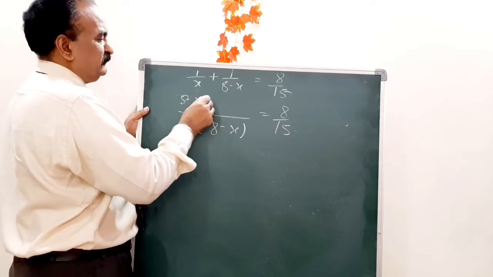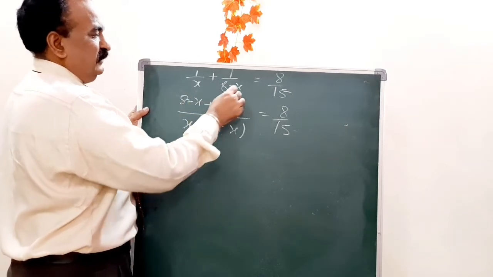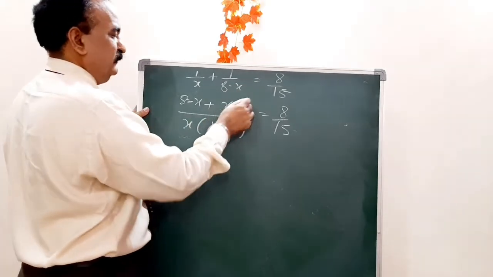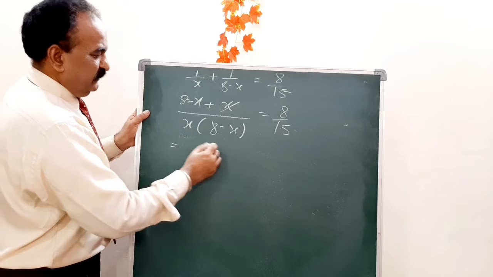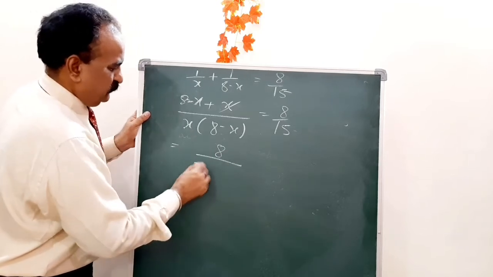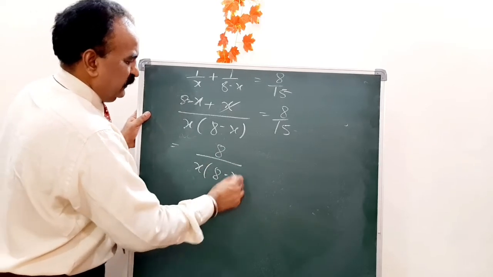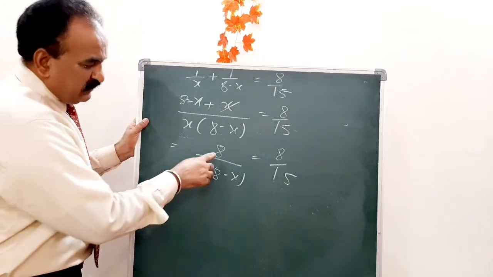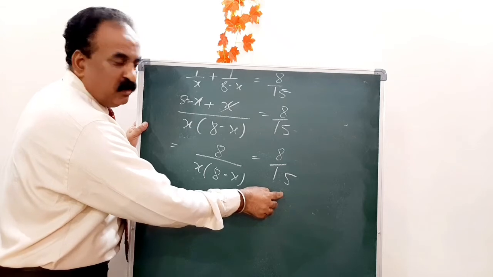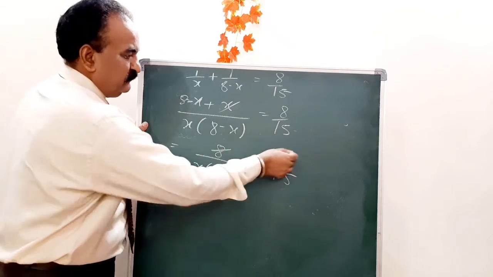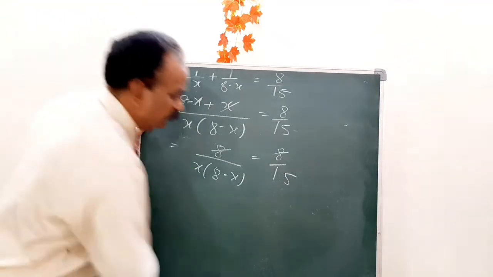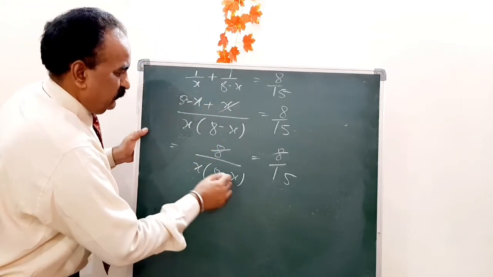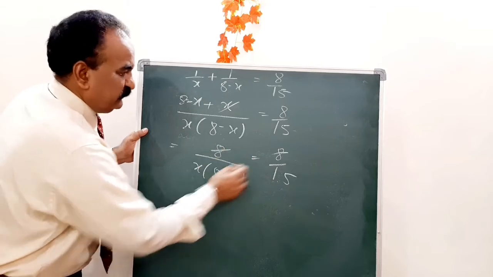So 8 minus x plus x, these two terms will get cancelled. It means 8 upon x into 8 minus x is equal to 8 by 15. Now you can transfer 8 to the denominator, or you can cancel 8 here. This is cancelled. Now 15 into 1, 15.